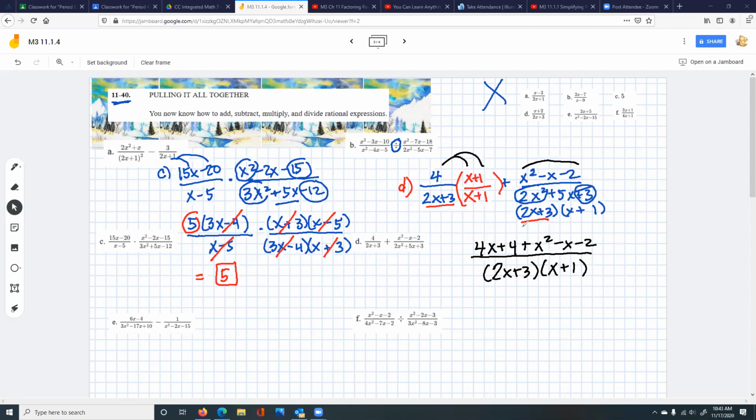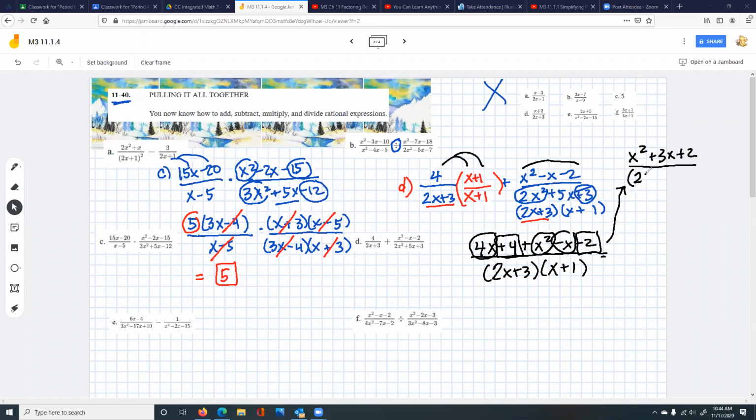Okay. Now we combine like terms for the numerator. So we're going to start with the x squared, and then positive 4x minus 1x is 3x, and then positive 4 minus 2, that is going to be plus 2, all over these two things multiplied together.